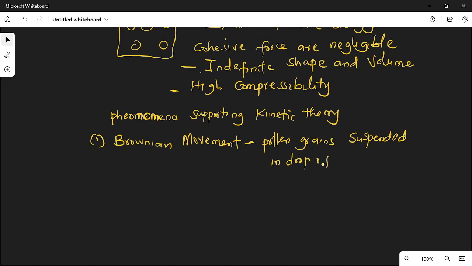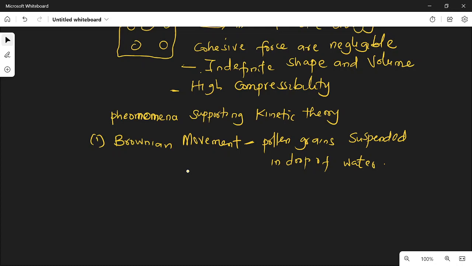When he looked at it using a microscope, he saw that the pollen grains were moving in the water. He concluded that since the water was undisturbed, yet the pollen grains were moving, the molecules of water were actually moving.